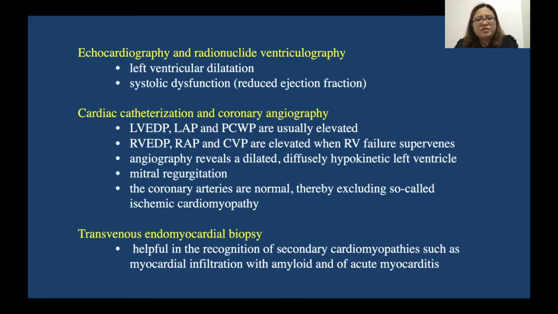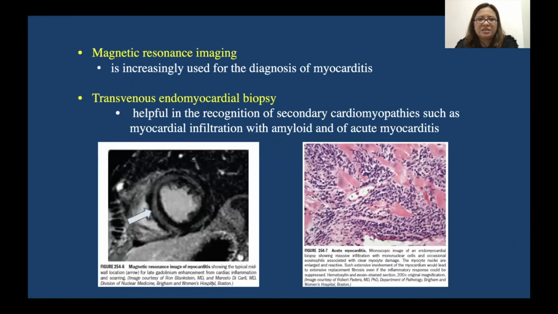For transvenous endomyocardial biopsy, this is helpful in the recognition of secondary cardiomyopathies such as myocardial infiltration with amyloid and acute myocarditis. For MRI, this is increasingly used for the diagnosis of myocarditis.